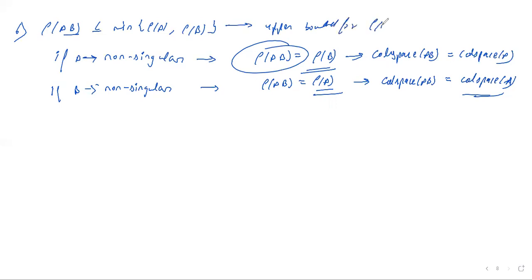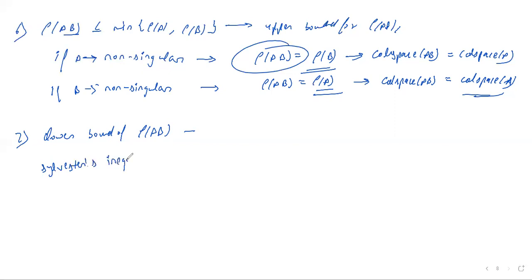for rank of AB. And if we look at the lower bound of rank of AB, then what will be the lower bound? The lower bound of the rank of AB is given by Sylvester's inequality.